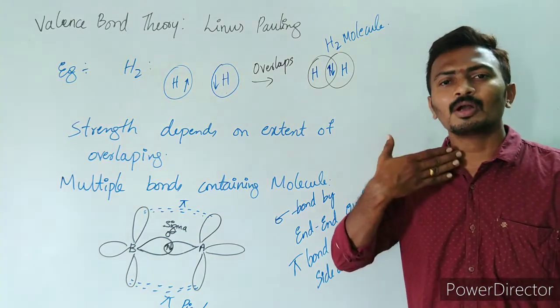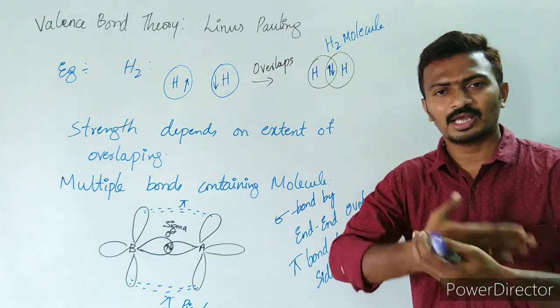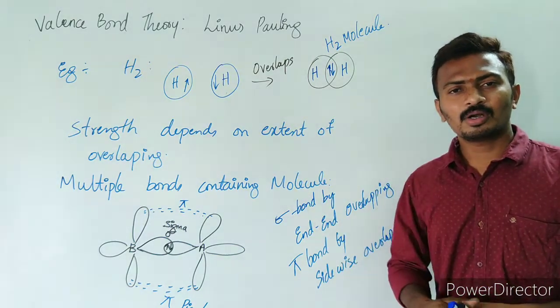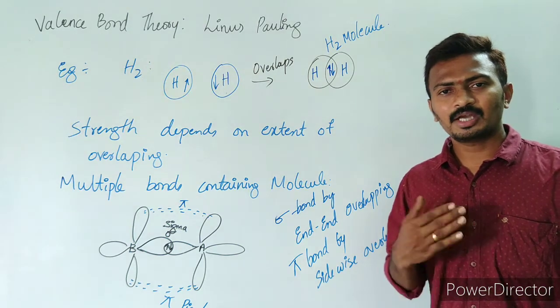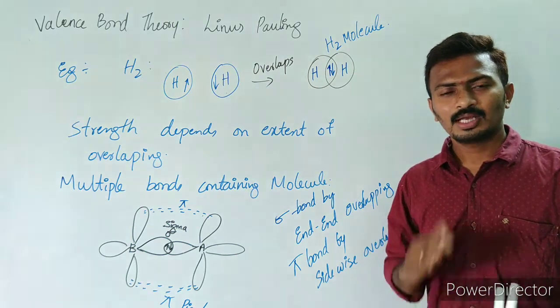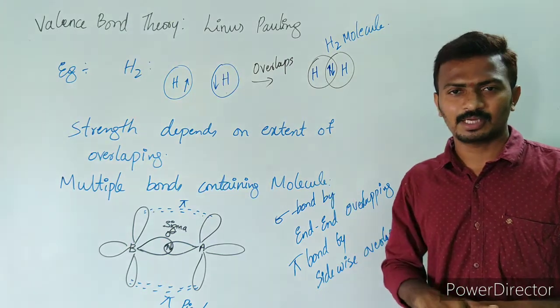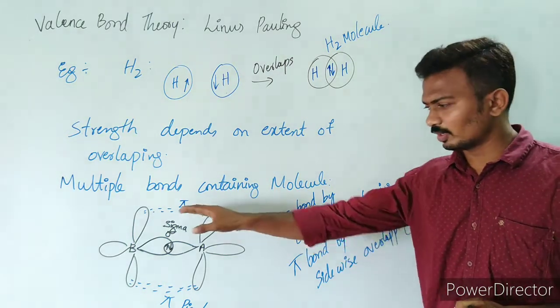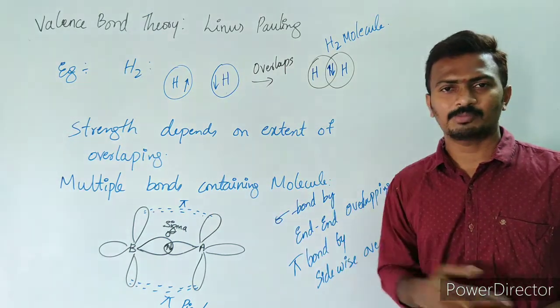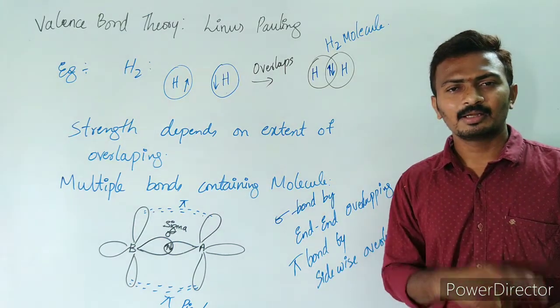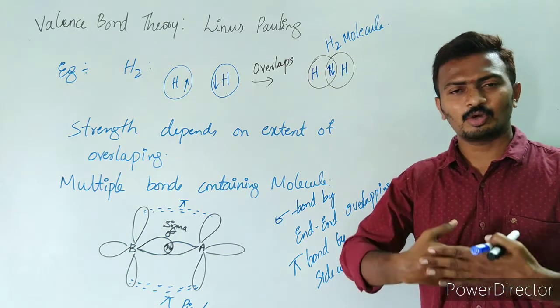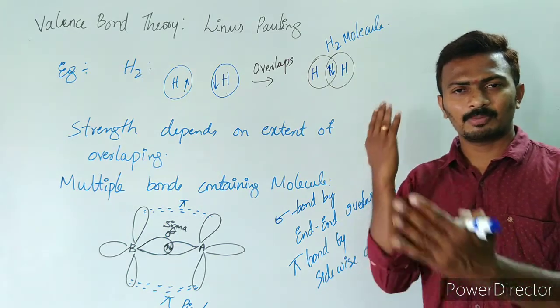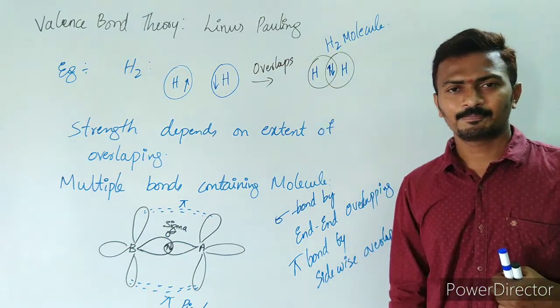If they overlap to the full extent, then the bond strength will be maximum, and if that overlapping is less, then the bond will be weaker. Multiple bonds will have two types of bonds, sigma and pi. Sigma bond is formed by end-on-end overlapping, whereas pi bond is formed by sidewise overlapping.